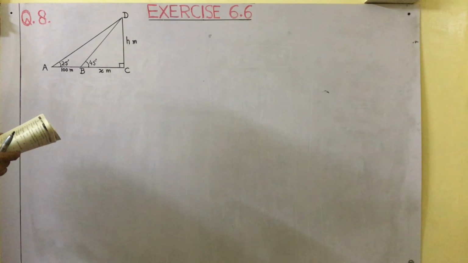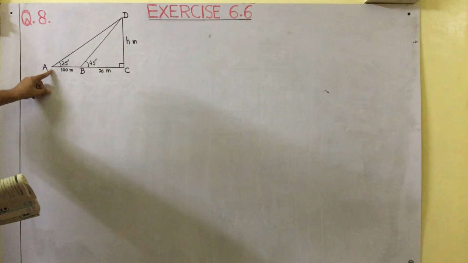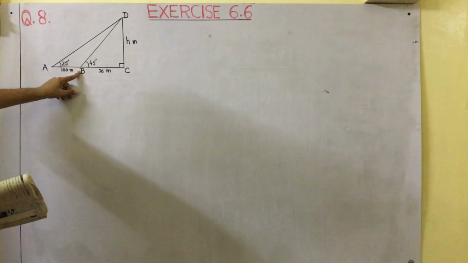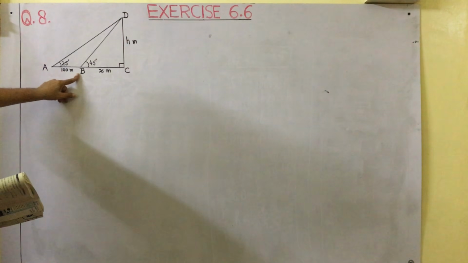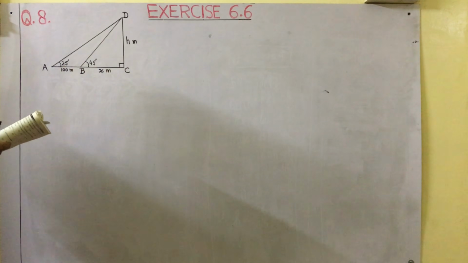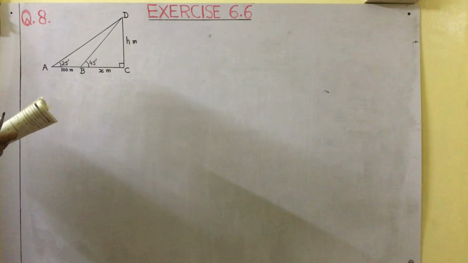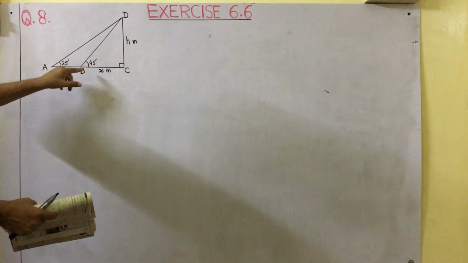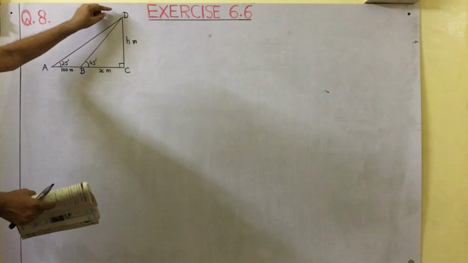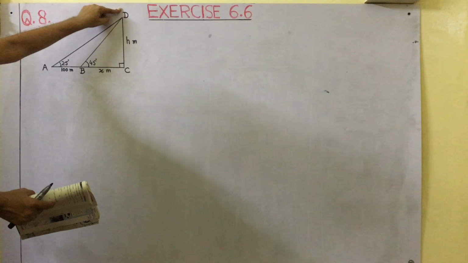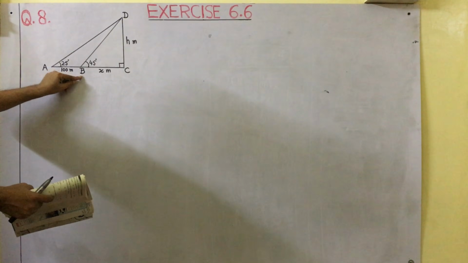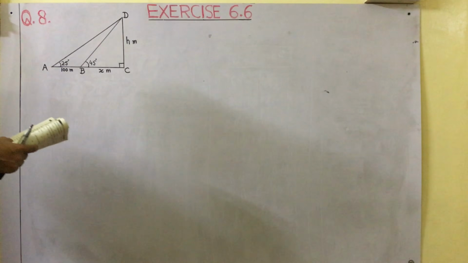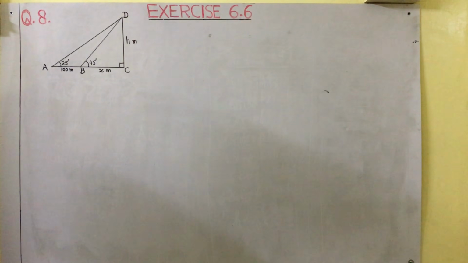On walking 100 meters towards the cliff, from point A to B, the person moved 100 meters, and at point B, the measure of angle of elevation of the top is 45 degrees. From point B, the top of the cliff is D. Find the height of the cliff.